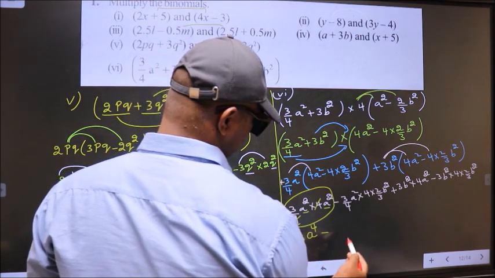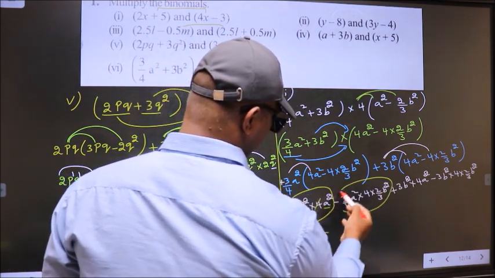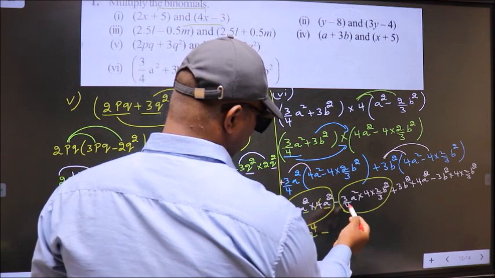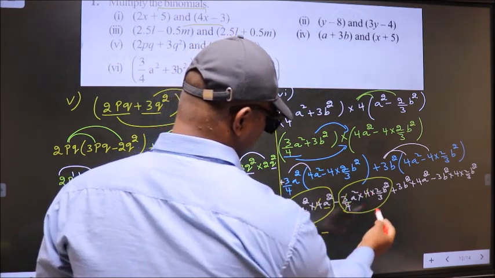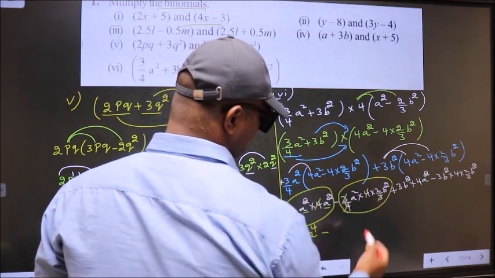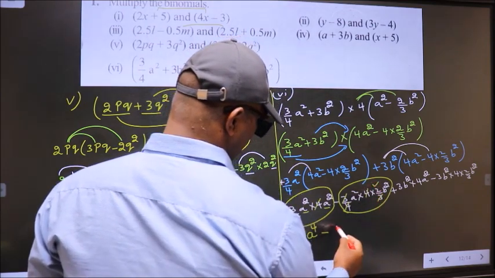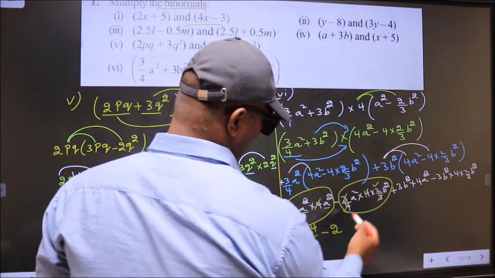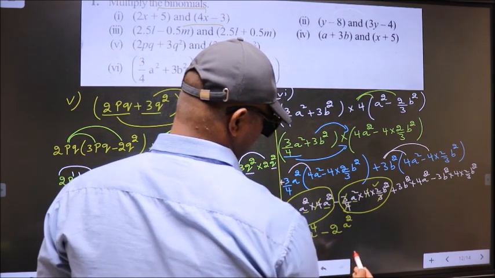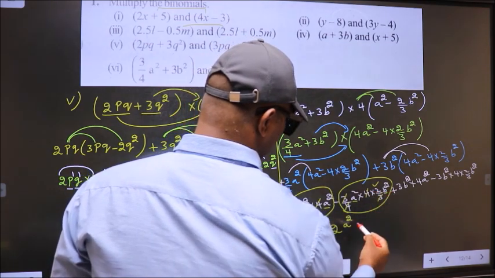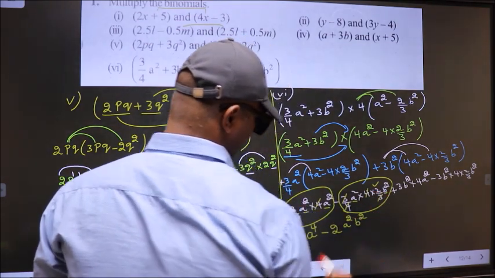Now minus. Here also you observe this term. 4 in the denominator, 4 in the numerator cancel out. Same with 3 in the numerator, denominator cancel out. You are left with 2. Now A appeared only once, so A square. Next B appeared only once, B square.